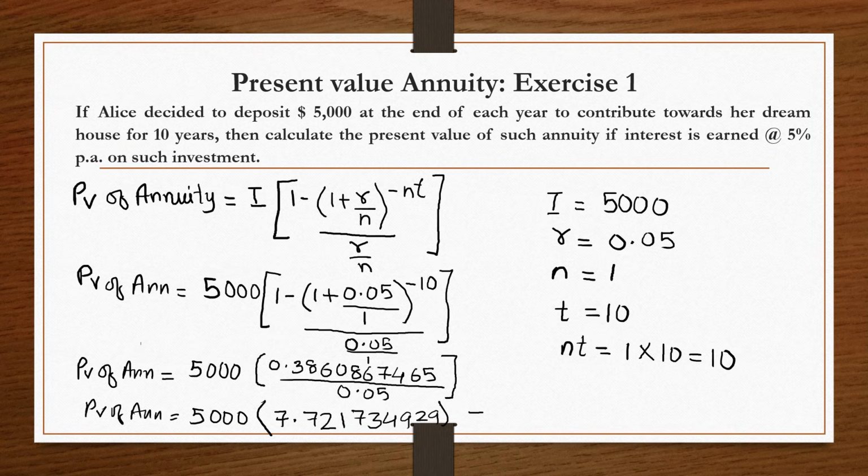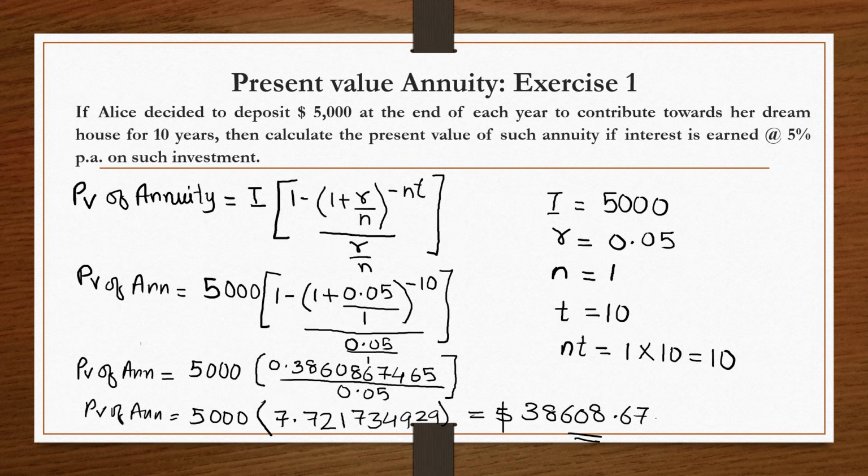Now when you multiply it by 5000, we will get the answer, that is $38,608.67. So this is how we calculate the present value of annuity.